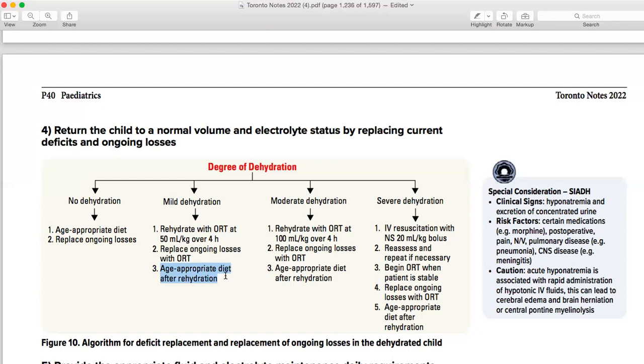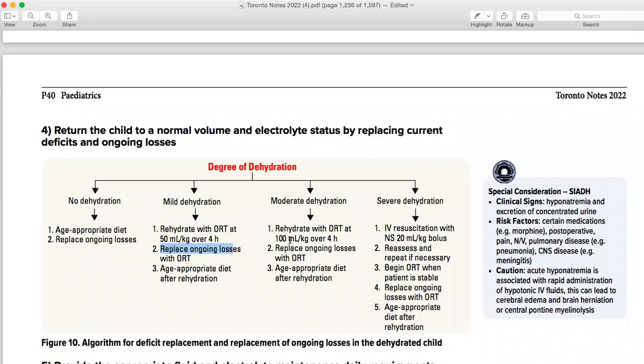Many people, when treating, give rehydration and give diet, but forget to replace ongoing losses. So don't forget ongoing losses, it is very important. If you give just this much and this much, it is not sufficient or enough for the child.